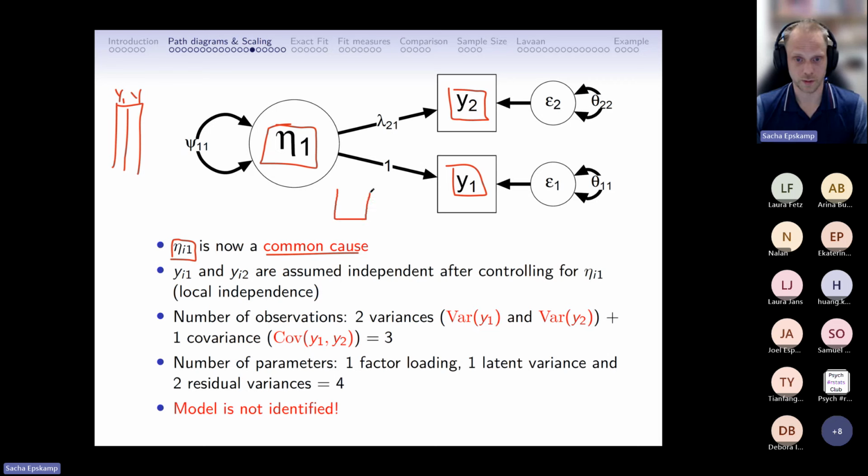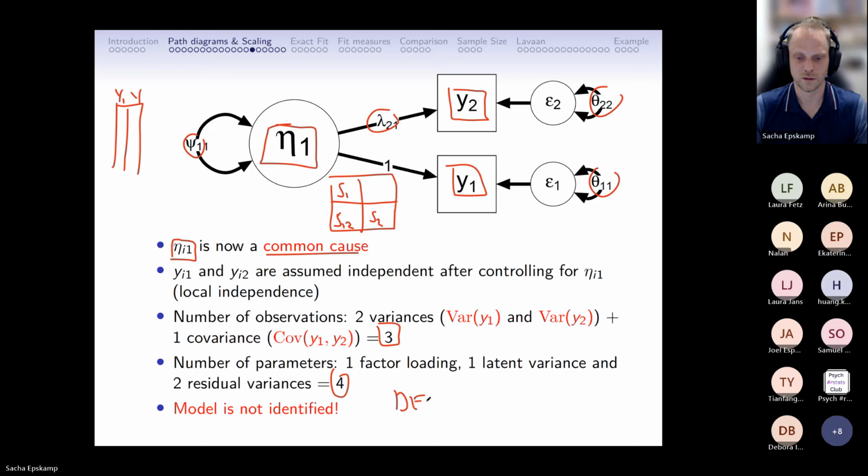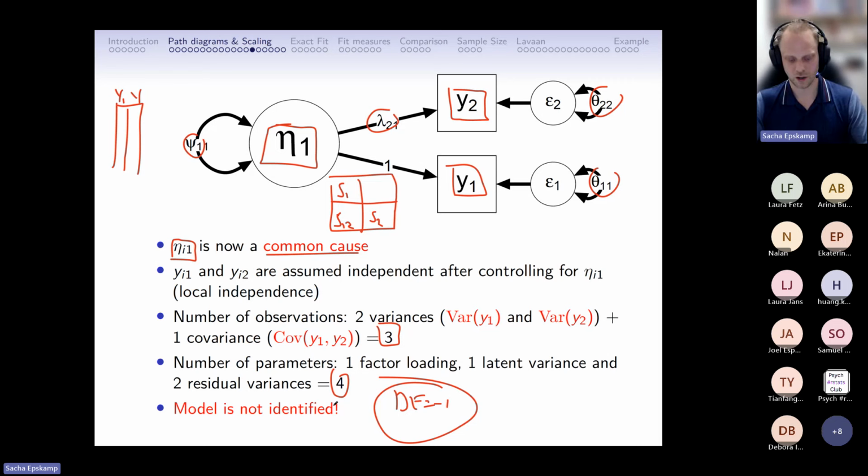So we observe a covariance matrix with a variance of the first variable, a variance of the second variable, and a covariance between the two. So 3 observations. How many parameters do we have? 1, 2, 3, 4. So 4 parameters. So we still have degrees of freedom of -1. So we still cannot estimate this model. We still don't have good degrees of freedom. So all nice and good, but it's still not something we can actually use in practice.